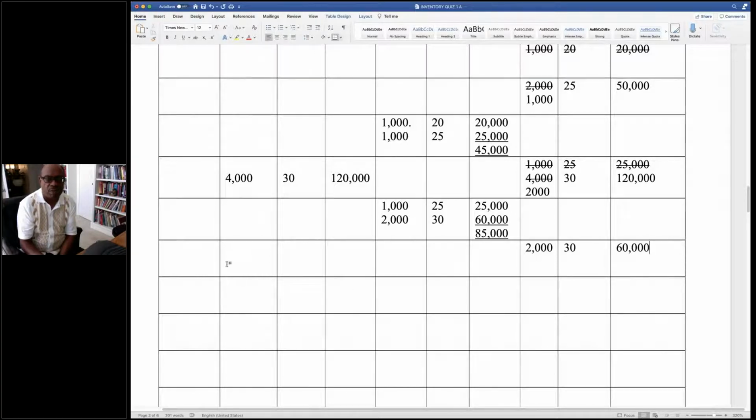Purchase. Then on the next one, you're writing down 4,000 below it.